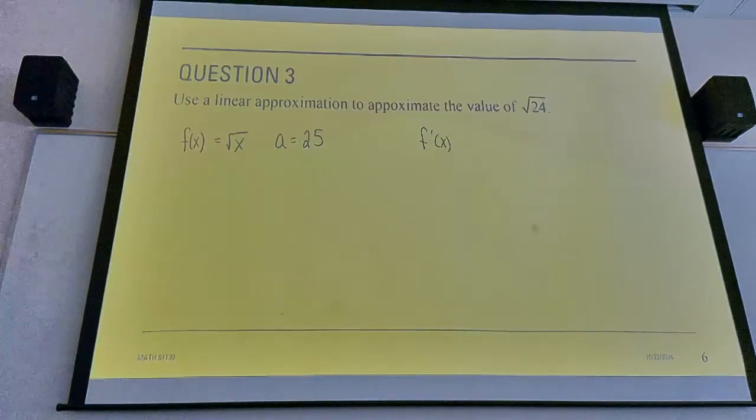What's F prime? What is it at A? Which I'll write as 0.1.